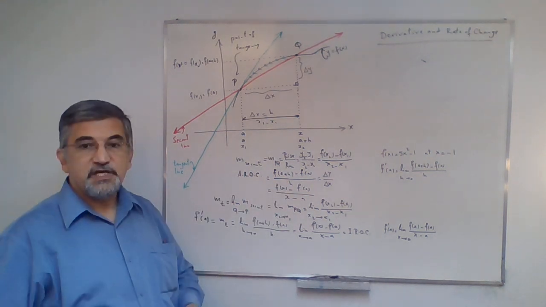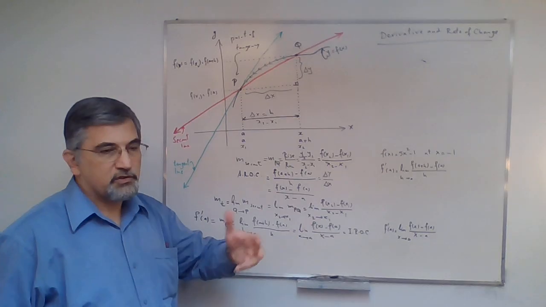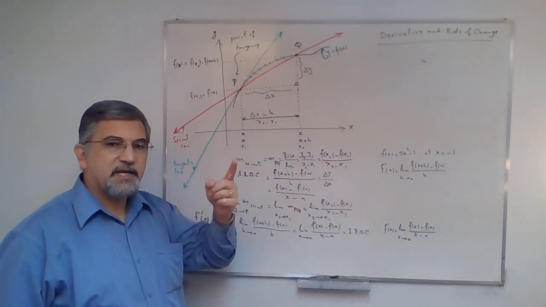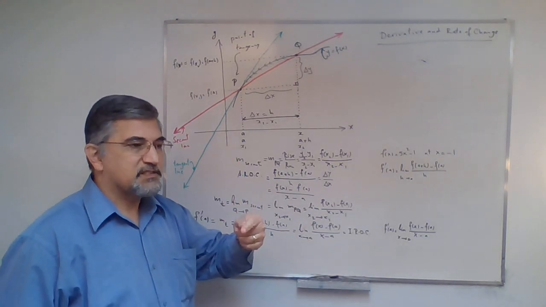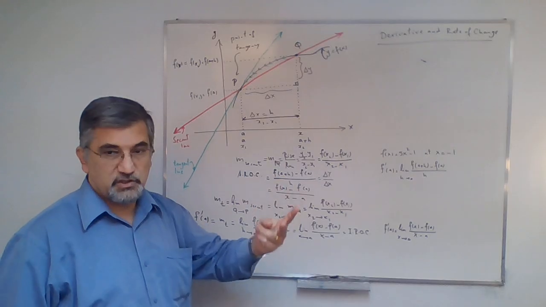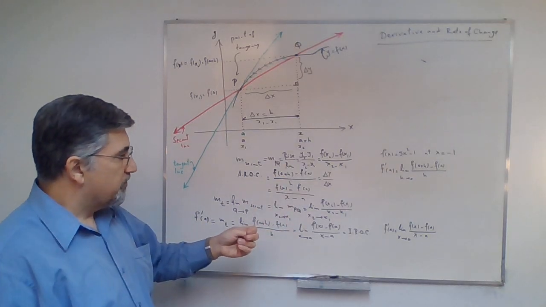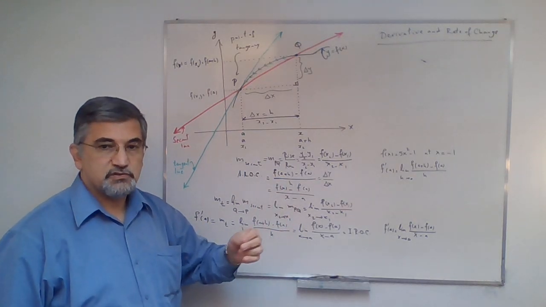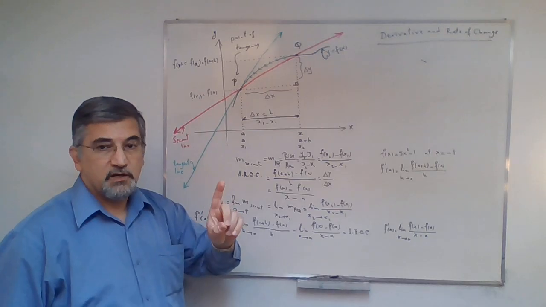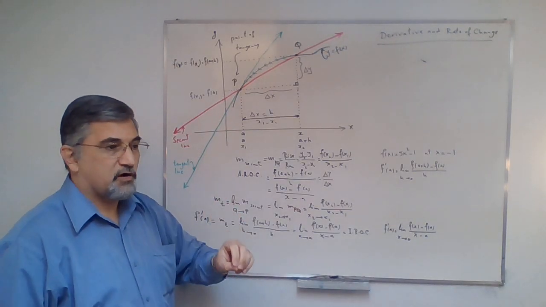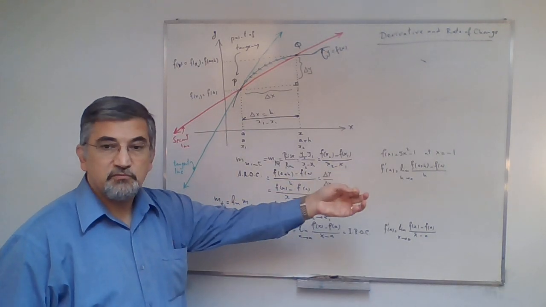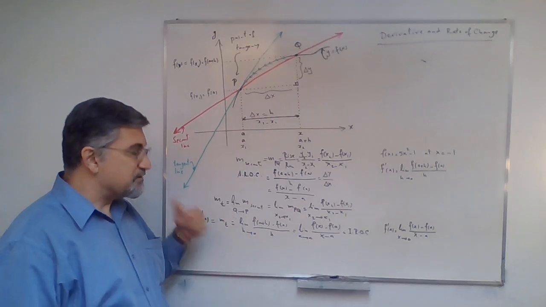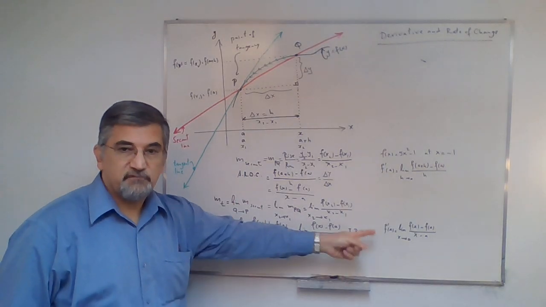When we say rate of change and the question talks about 2 points, you would automatically know that what they mean is the average rate of change, because 2 points are given. But if the question gives you only 1 point, and they talk about rate of change at such and such number, then obviously what they mean is the instantaneous rate of change.